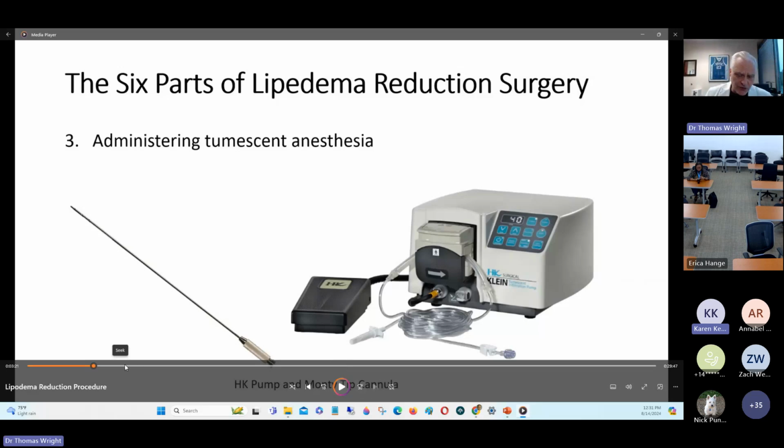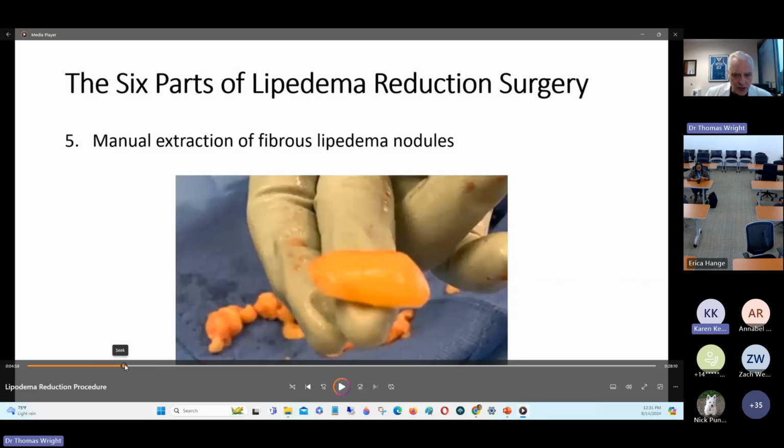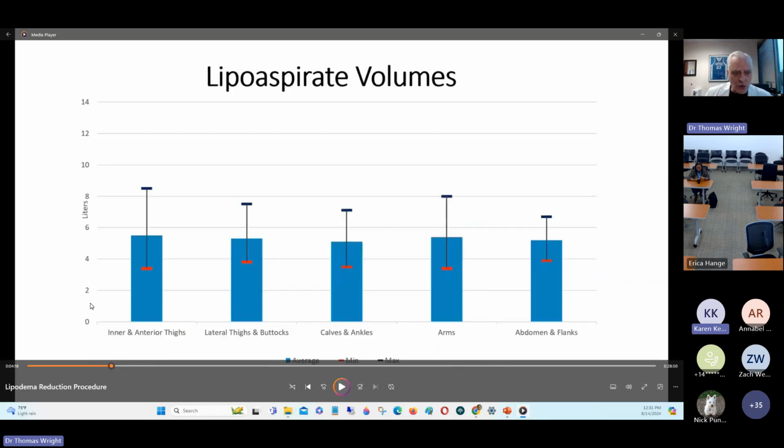So again, we do the tumescent. These are larger volumes, and I wanted to share a little bit of that. The average lipoaspirate is right around 5 liters for one of these surgeries, and it ranges. Larger ladies will have larger aspirates, and smaller ladies will have smaller, more normal aspirates.